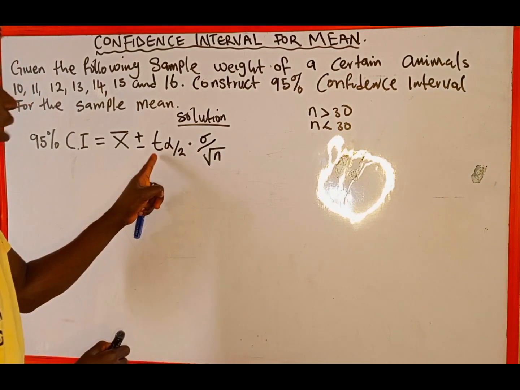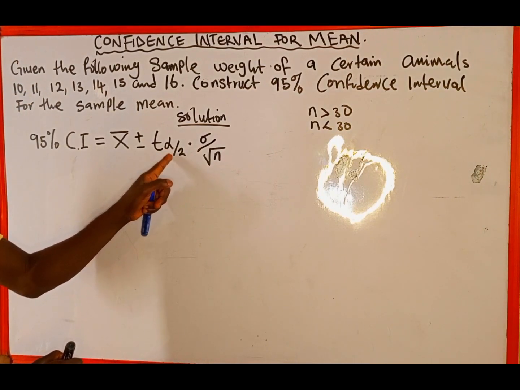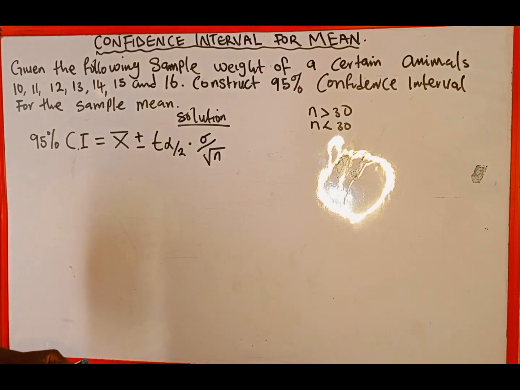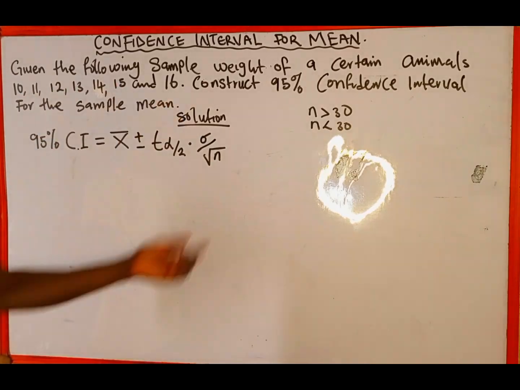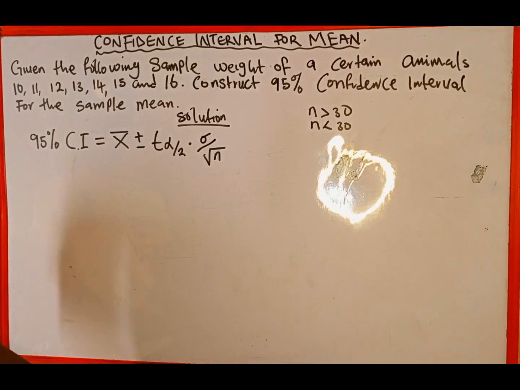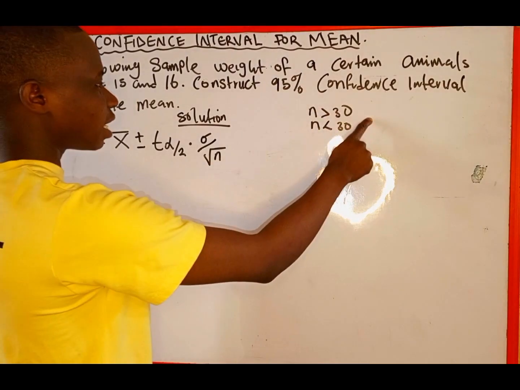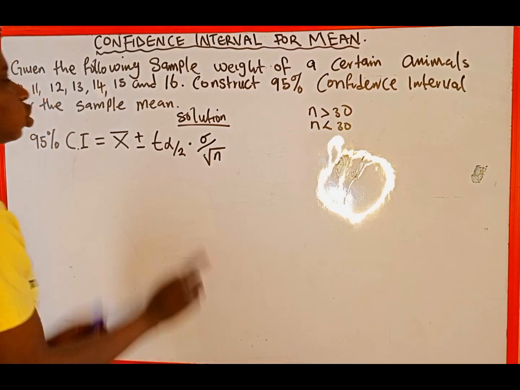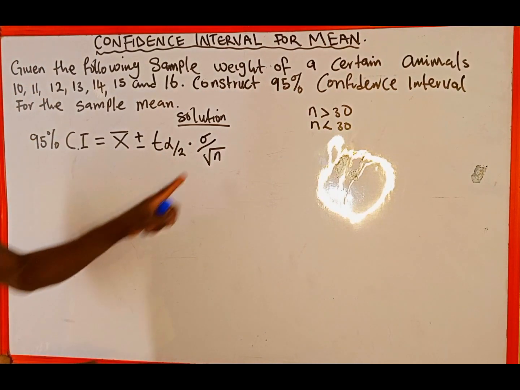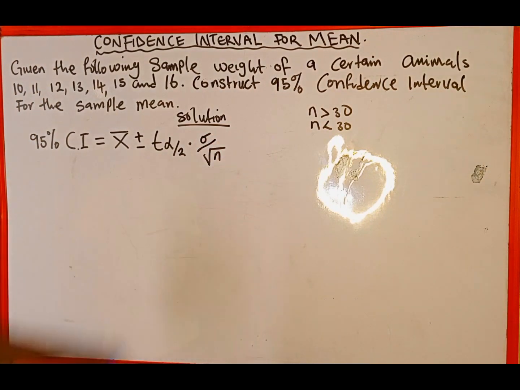So that's the reason why we're having the t distribution table, then alpha level over 2. Because if you count this sample given, 1, 2, 3, 4, 5, 6, 7, and 7 is less than 30. Recall when your sample is greater than 30, you use the Z table, but when the sample is less than 30, you use the t distribution table. And this is standard deviation all over root of n.